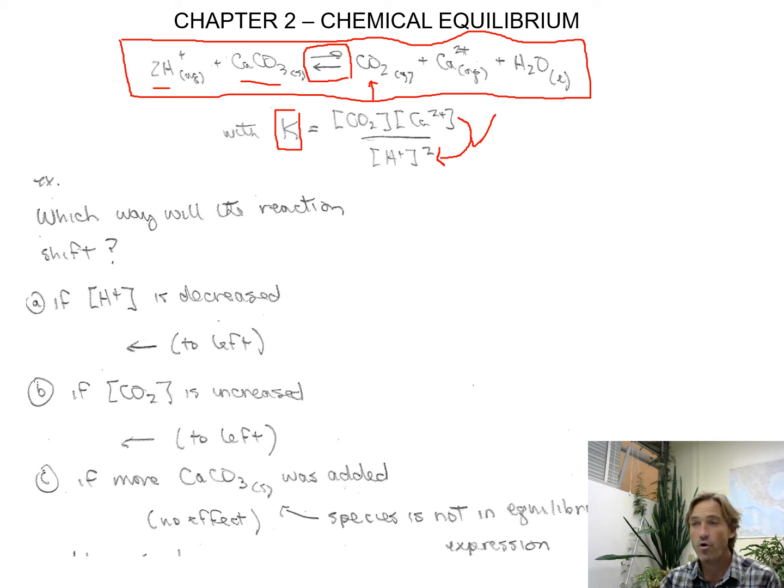It's actually absorbed into the equilibrium constant. So I think the easiest way to explain this is, because calcium carbonate is not part of the equilibrium expression, changing it has no effect on the equilibrium position.